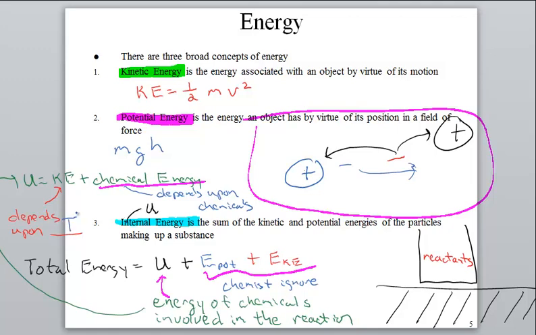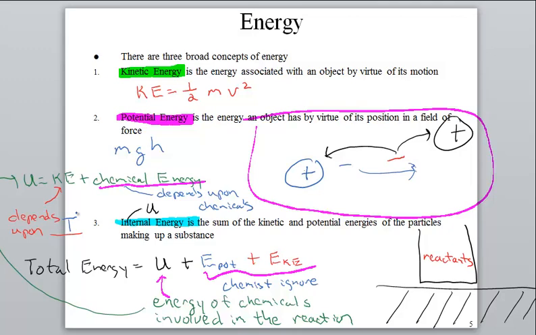Chemical energy is the potential energy of the chemicals that are involved in the reaction, and potential energy is related to attractions. And with chemical bonds, if you have molecules that have bonds, the attraction between the bonding electrons and the positive protons in the nucleus is part of the potential energy.